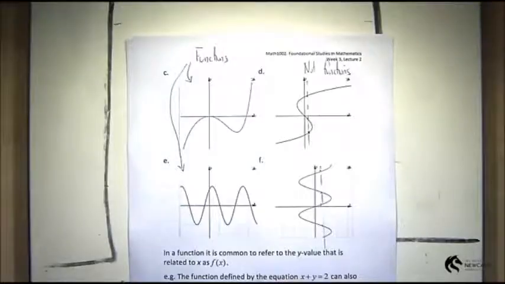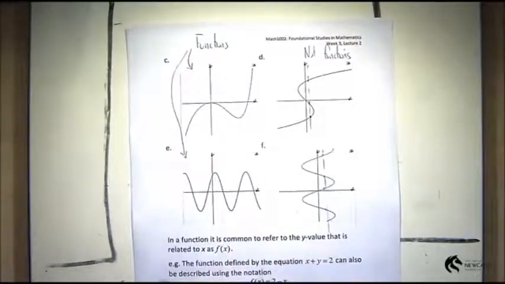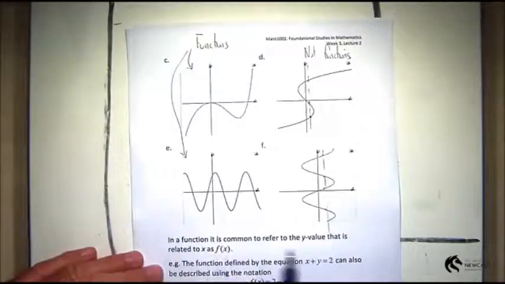Now, in terms of notation, when we have a relation and we've decided that it's a function, quite often we refer to the y value, rather than just writing the y value, we write it as f of x, is how we say that. That is the same as y. They're interchangeable.